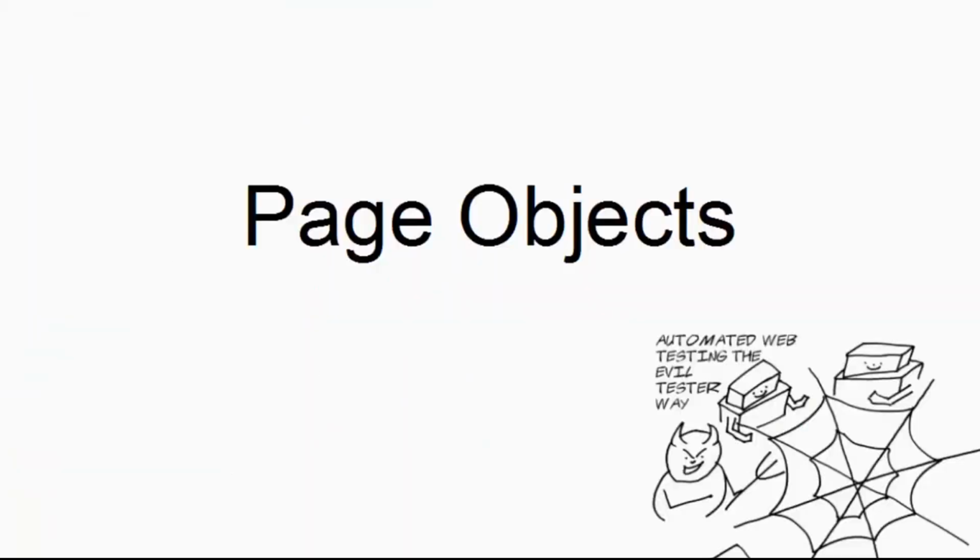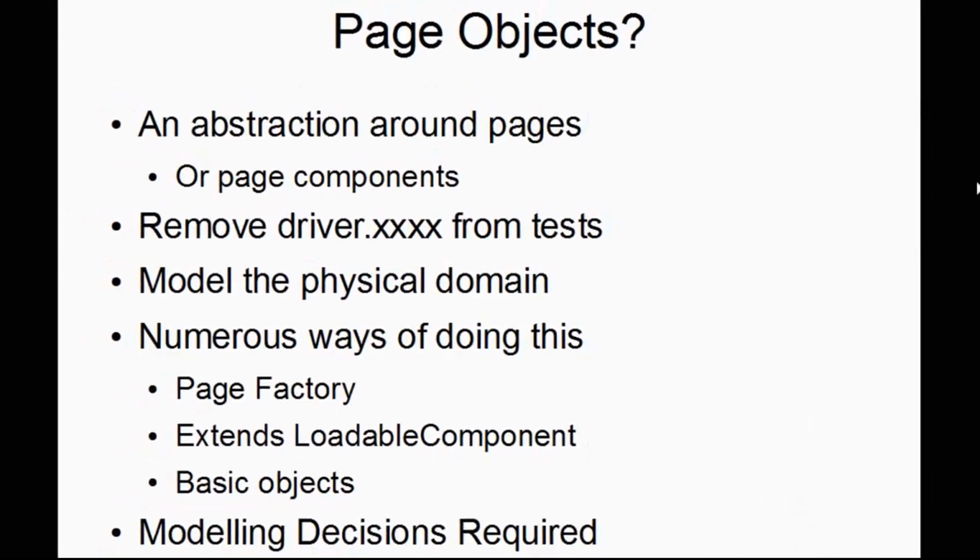And that's where page objects come in. Page objects are going to be an abstraction layer on our physical pages or on the page components. Essentially the web application, we're going to model it in terms of a set of objects. Using page objects will allow us to remove the actual WebDriver code from within our tests so that we actually model and work with the physical domain. Now there's a whole bunch of ways of doing this.